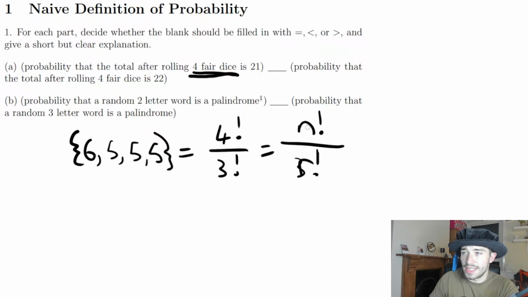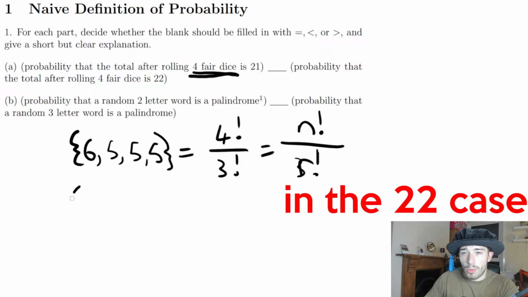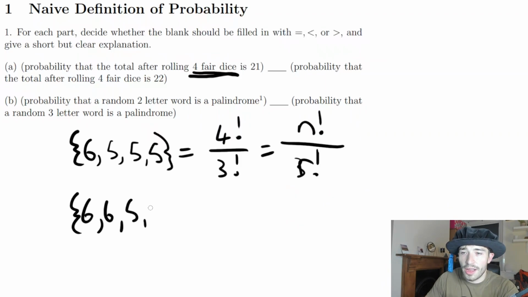And here you can see that n is equal to 4 in this case, and r is equal to 3, because there are 3 repeated 5s. Now, another one could be 6, 6, 5, 5.